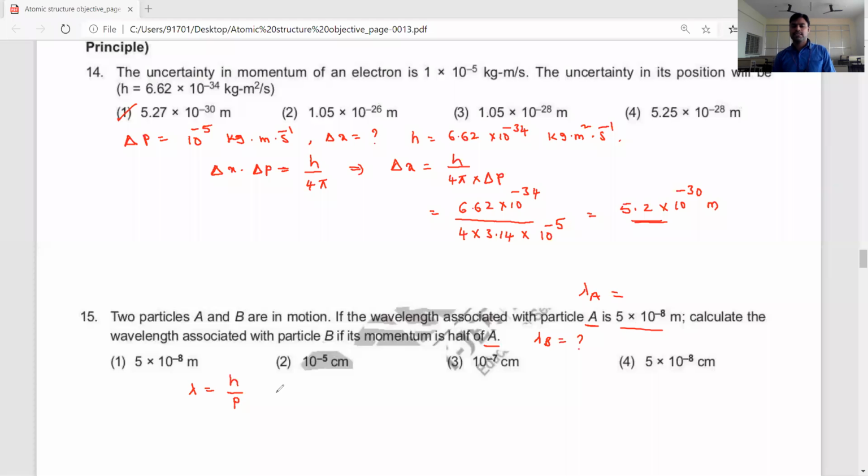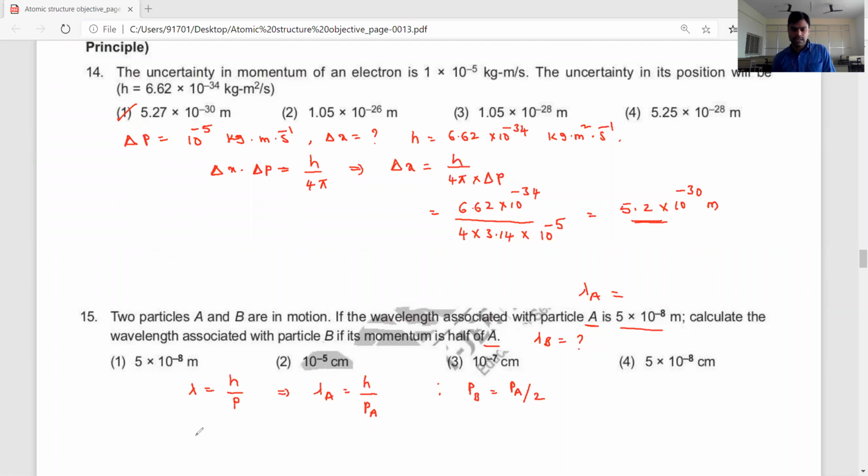Now, for this, lambda A is equal to h by PA, where PA is the momentum of A. We know that PB, the momentum of B, is equal to half of A, that is PA by 2.